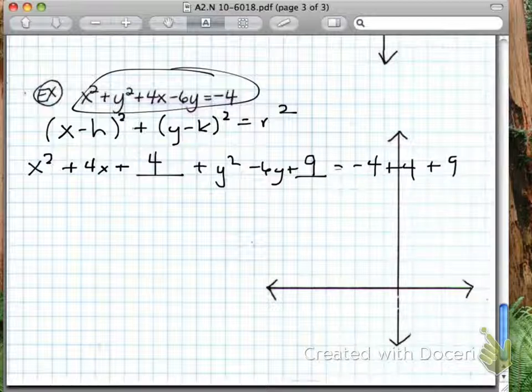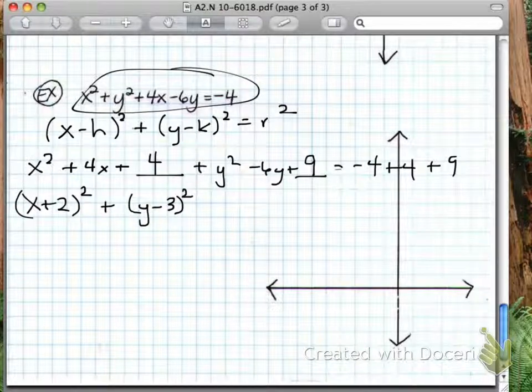So then my equation, if I break this down, should be what? (x plus 2) squared plus (y minus 3) squared equals 9. Okay, now, what are the only things I need to know in order to draw a circular graph? The center is (h, k).